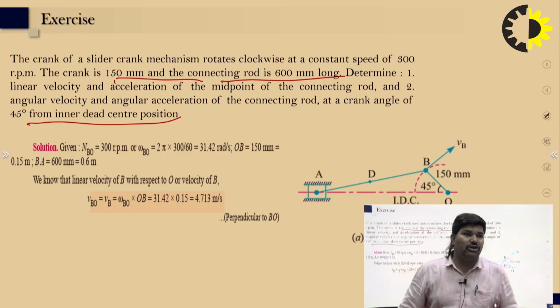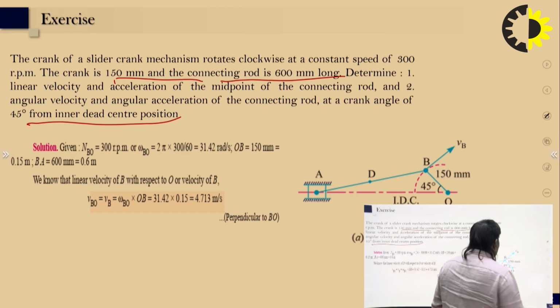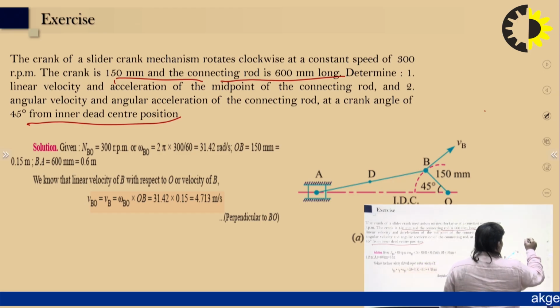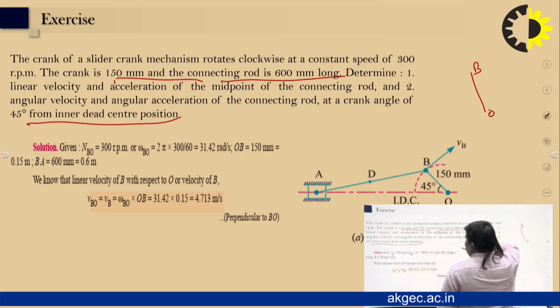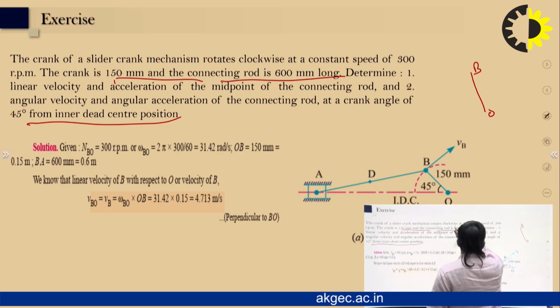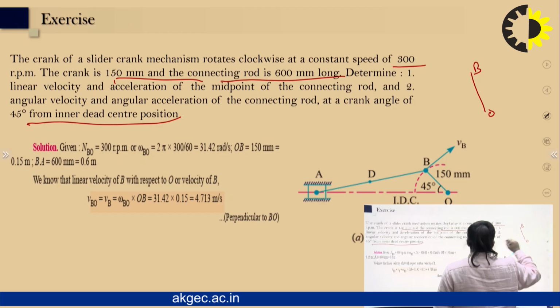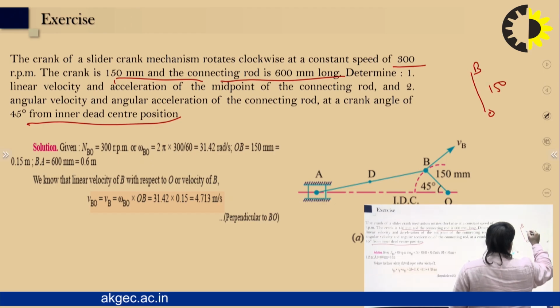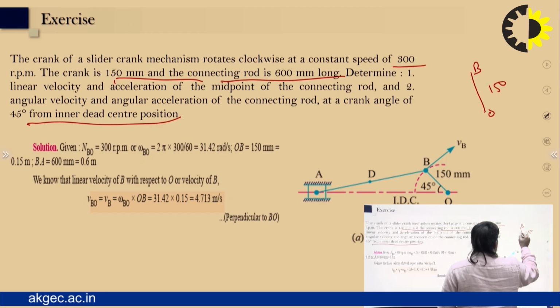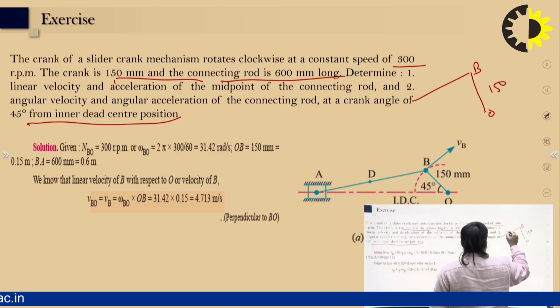So first of all, you draw the slider crank mechanism. We can draw here O to B, that is the crank of the slider crank mechanism, rotating clockwise at 300 rpm, with the crank 150 mm, and after that the connecting rod, whose length is 600 mm.